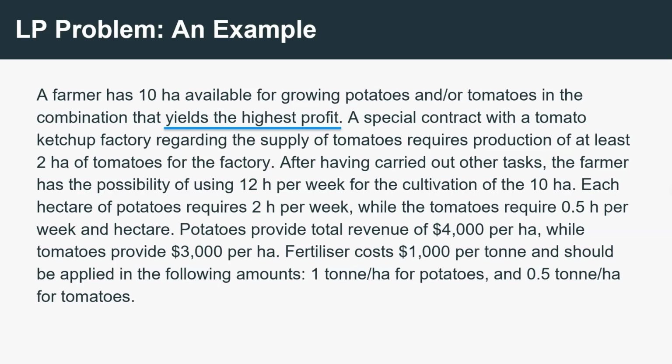So you can say in this problem, this farmer is trying to find a combination that will yield the highest profit. That is an indication that the highest profit is the objective of the producers.